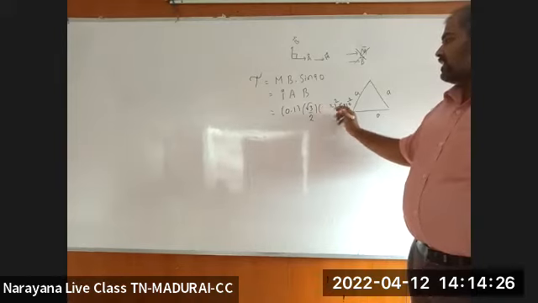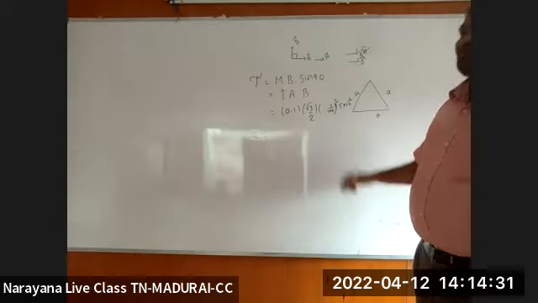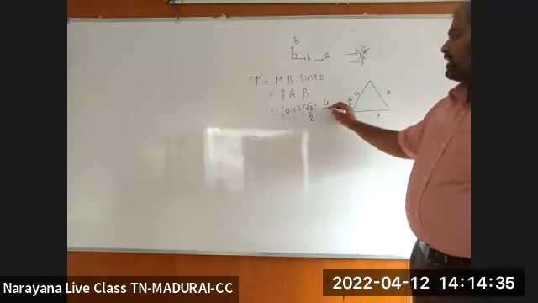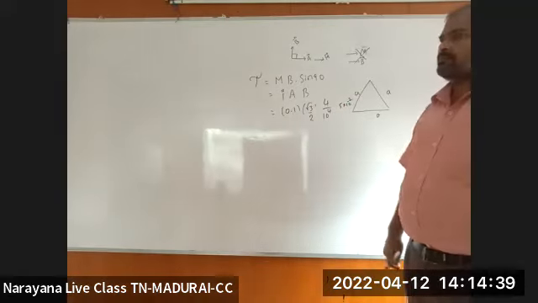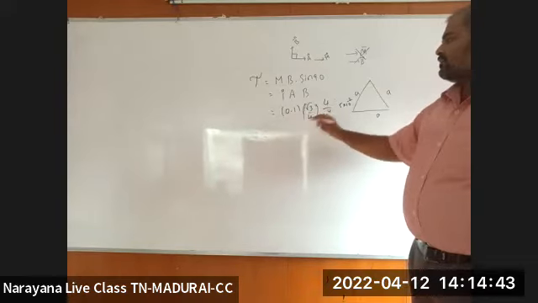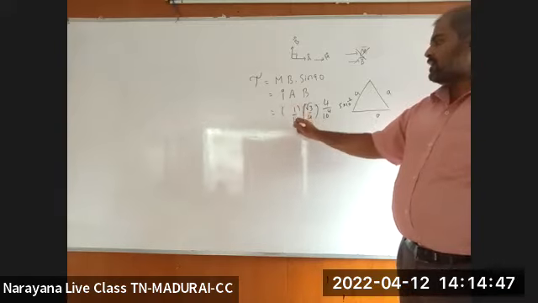0.02, what can I write here? 2 by 100. 2 by 100 whole square means 4 by 10 power 4. Sorry, thank you for correcting me. Then 0.1 means 1 by 10 only.